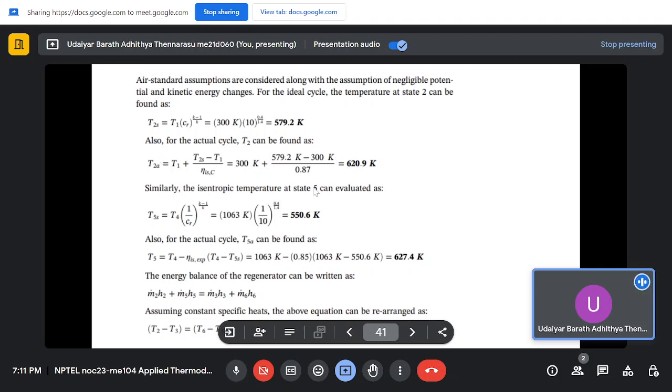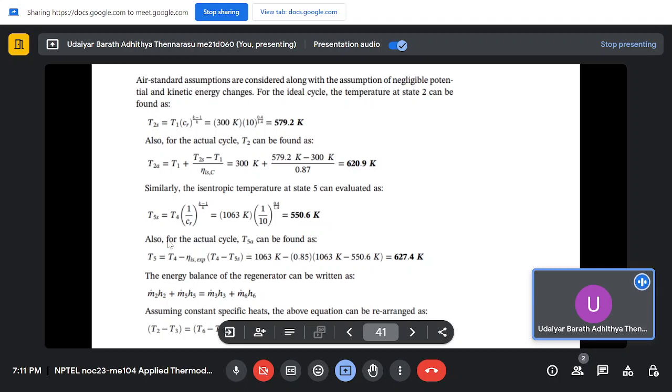Similarly, the isentropic temperature at state 5 can be evaluated as T5s equals T4 into 1 by the compression ratio raised to the power (gamma minus 1) by gamma. So T4 is 1063 Kelvin into 1 by 10 raised to the power 0.4 by 1.4. This will come out to be 550.6 Kelvin.